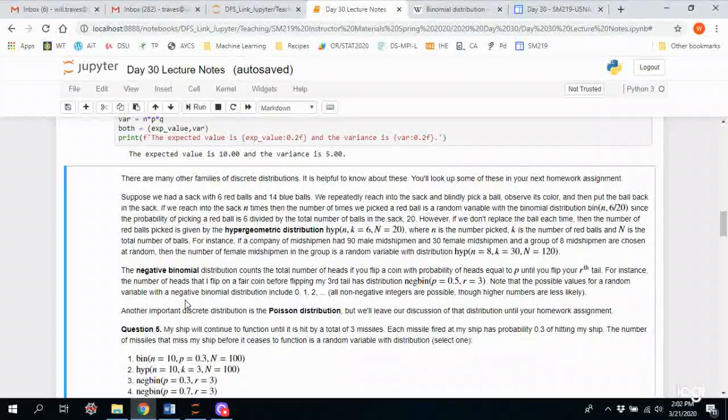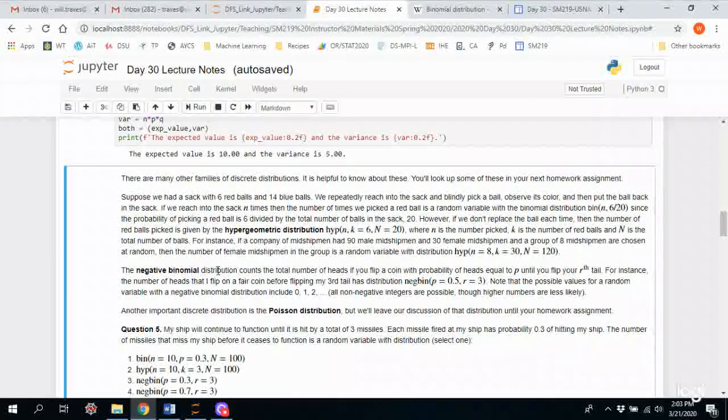And one of the interesting things about the negative binomial distribution is that it can take infinitely many values, right? You could flip 0 heads before you flip your rth tail. That would involve you flipping r tails in a row just at the beginning. Or you could flip 1 head before flipping the rth tail, or you could flip essentially any arbitrary number of heads until you flip your rth tail.